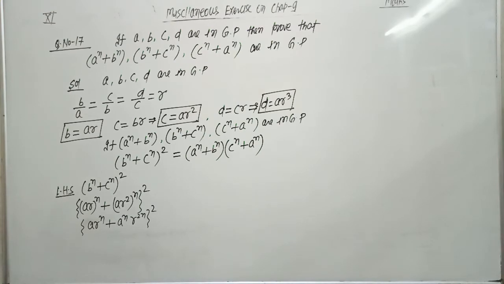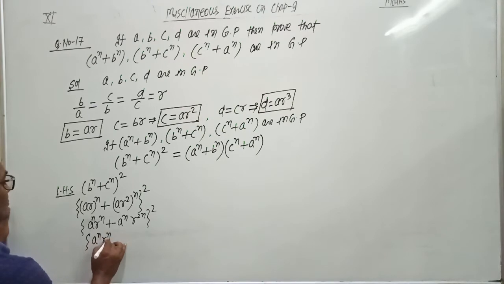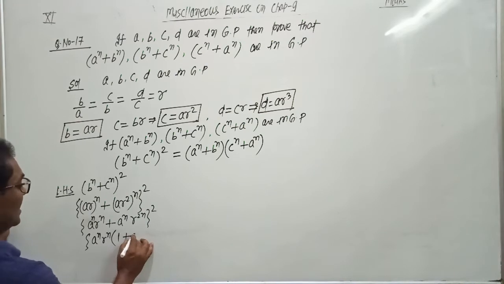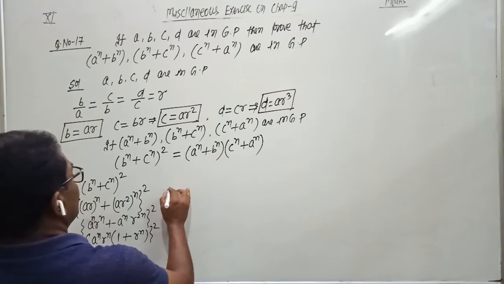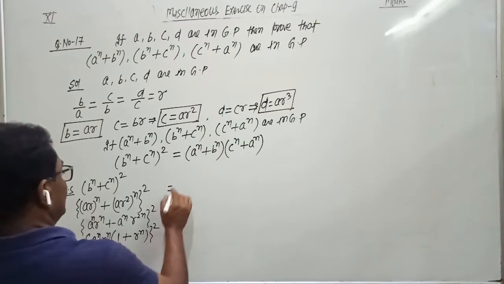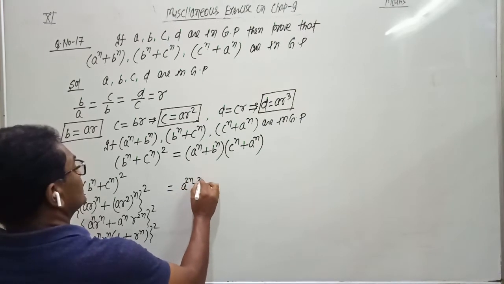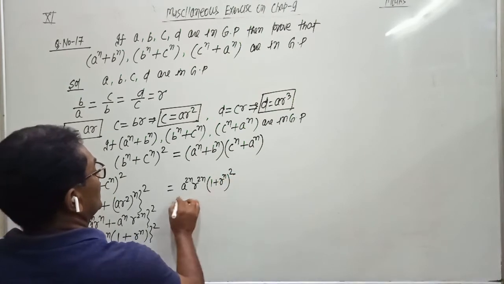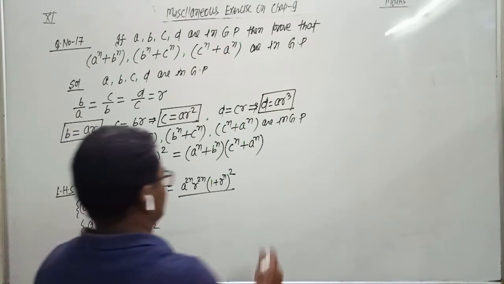From inside the bracket, A raised to the power n, R raised to the power n is taken common. So we get 1 plus R raised to the power n, the whole square. And when we remove the bracket, we get A raised to the power 2n into R raised to the power 2n and 1 plus R raised to the power n, the whole square. This is our LHS.